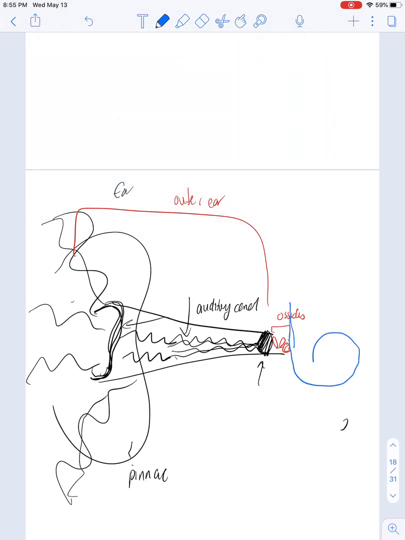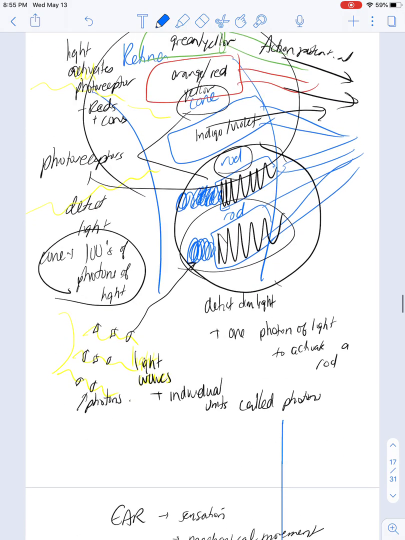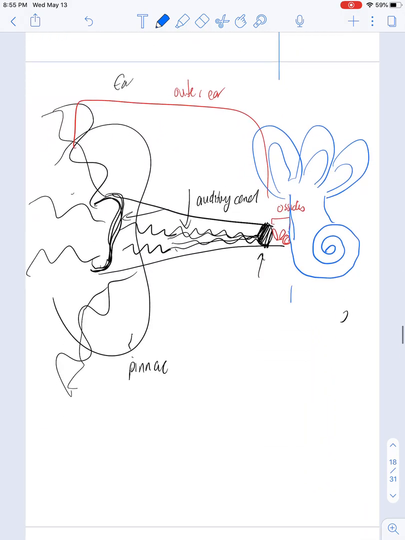It kind of looks like a snail. Here's the cochlea, and it's a really important structure. These here are called semicircular canals, and there are 3 semicircular canals.